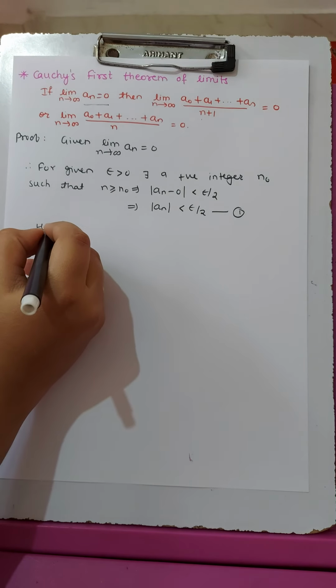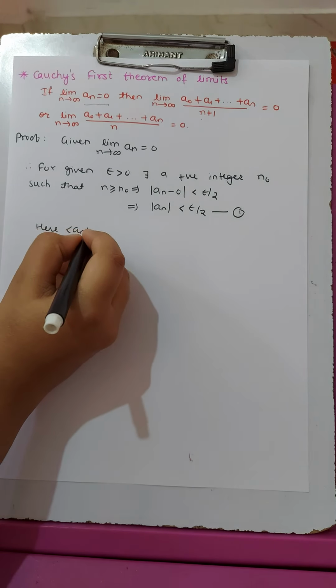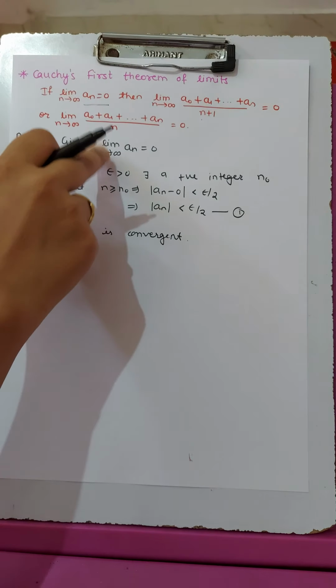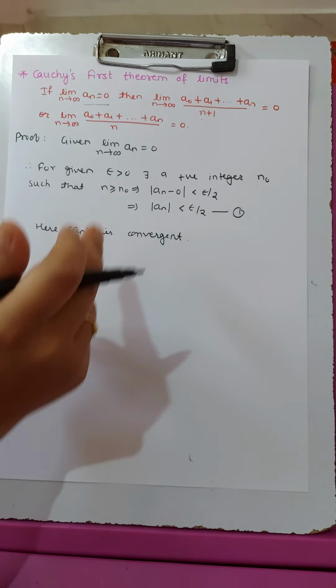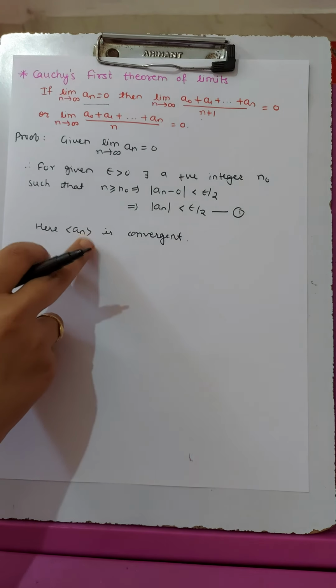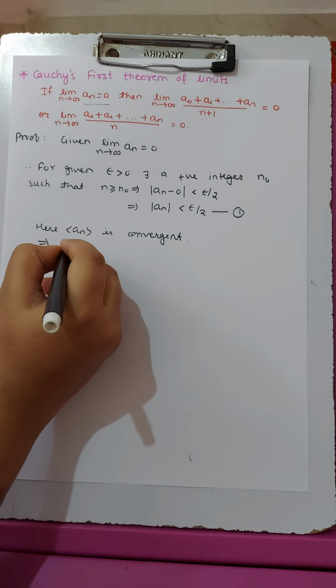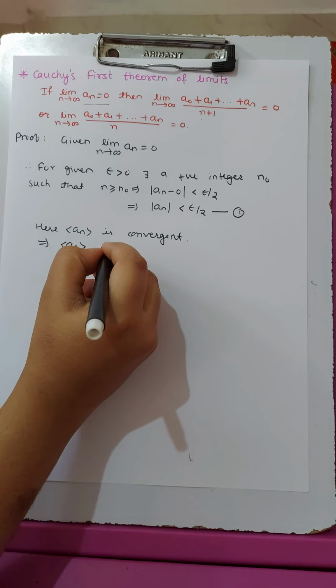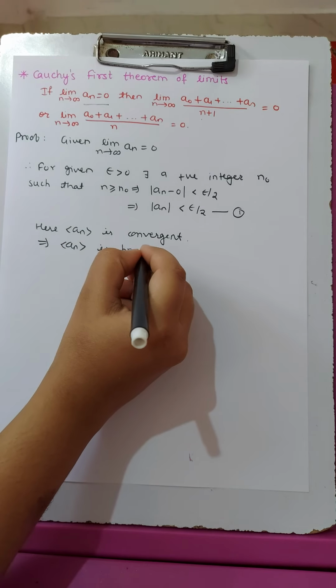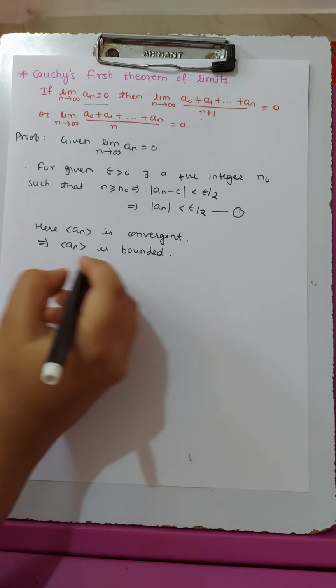Now here this sequence an is convergent by result. Since the limit as n tends to infinity of an is equal to 0, the sequence an is convergent. So this implies that the sequence is bounded.